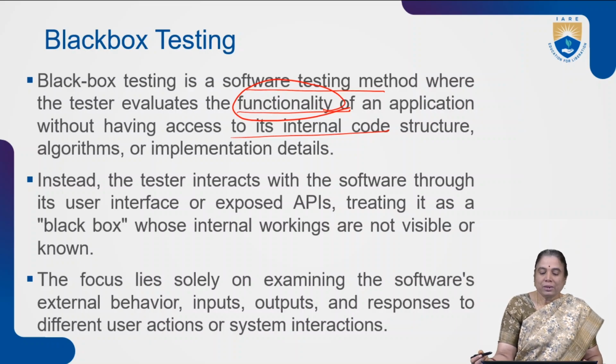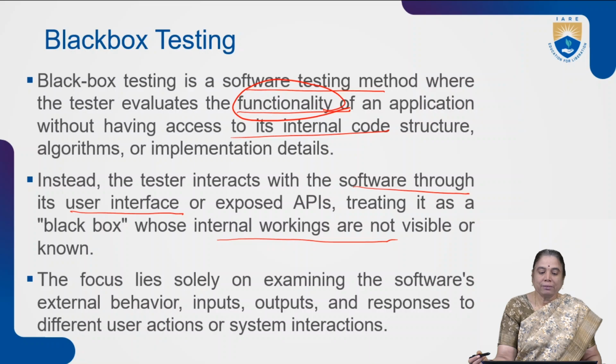The tester interacts with the software through user interfaces. So user interactions and behavior of the system are verified in black box testing. The application program interfaces are treated as the black box, whose internal workings are not visible or known.